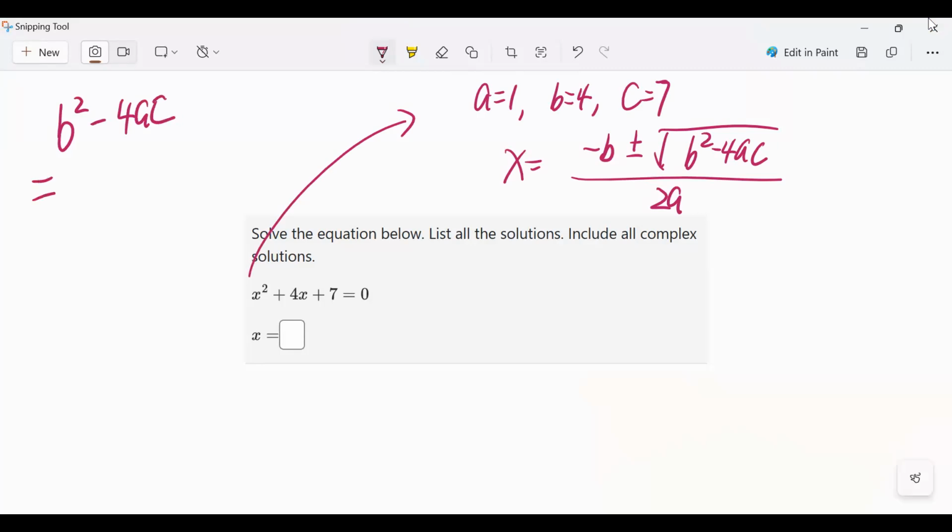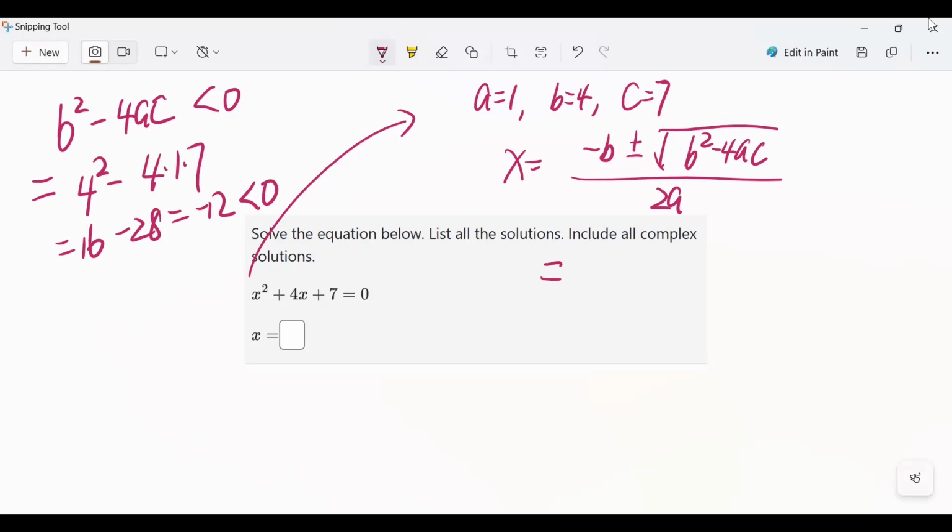This is the indication: if this is less than 0, we're going to have a complex solution. In this case, it will be 4 squared minus 4 times 1 times 7. 16 minus 28 is negative 12. That's definitely less than 0. Then we know it's a complex solution. So minus 4 plus minus radical b squared minus 4ac, we did it, right? Minus 12 over 2a.